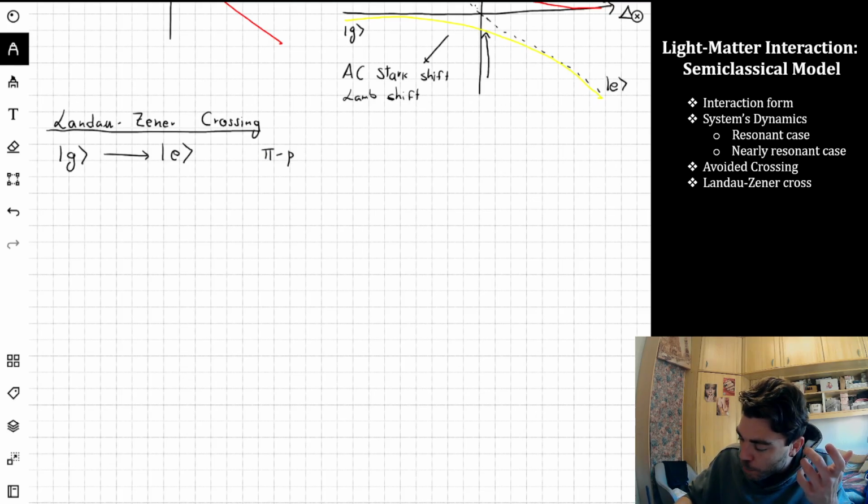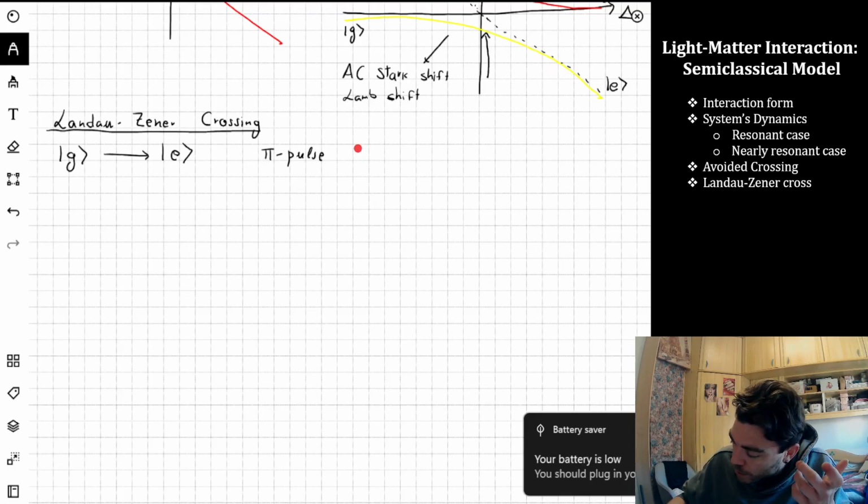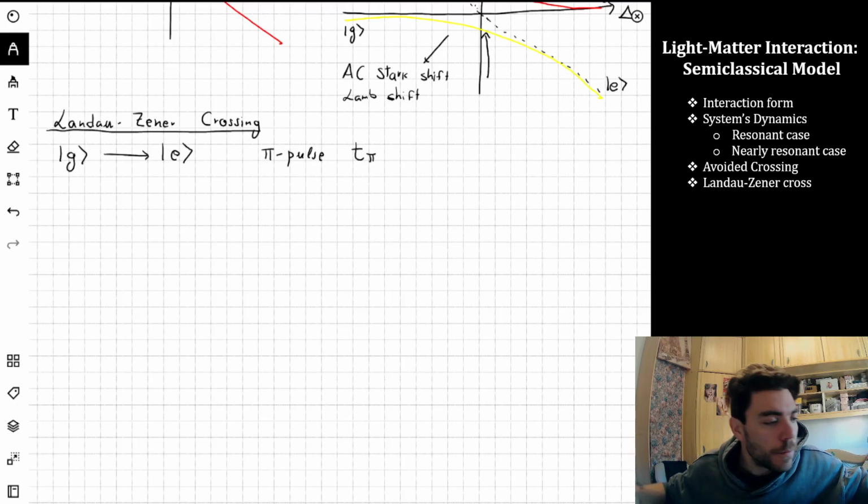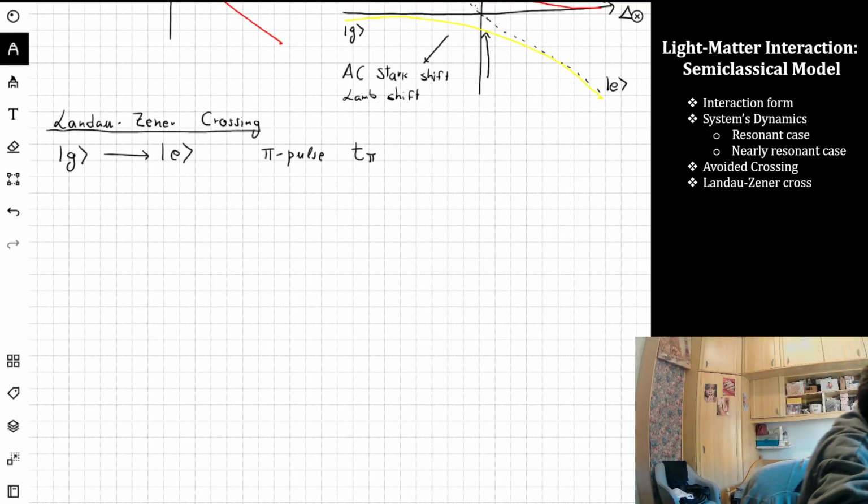We can send a pi pulse with a certain duration, t pi, such that, wait 1 second, sorry for this, a little technical problem here.